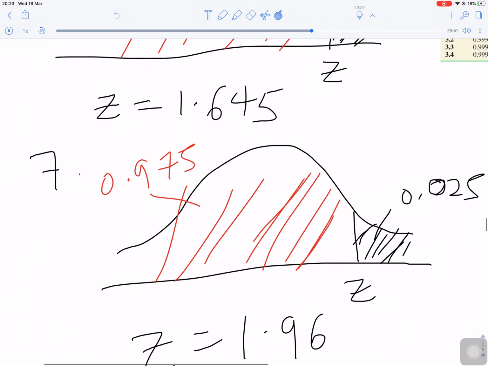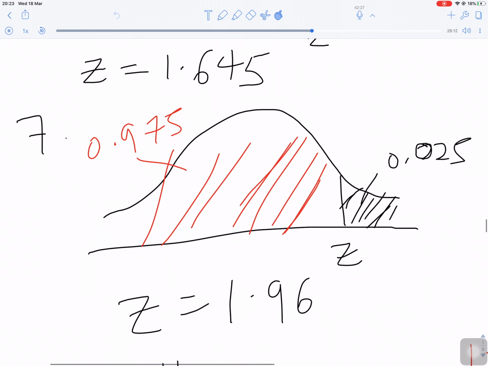Then the second one, z sub 0.025. What that means is we want to find a z-score where the area to its right is 0.025. So to be able to do that with the standard normal table, we look for the area to the left, which is 0.975.